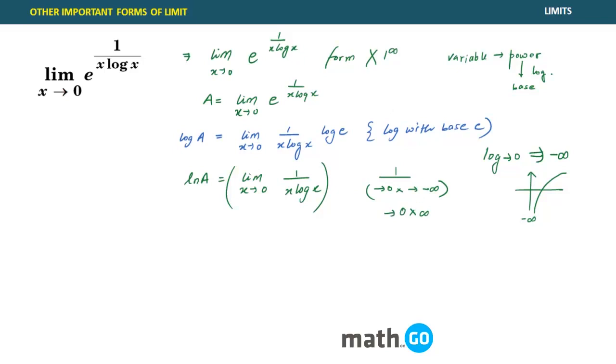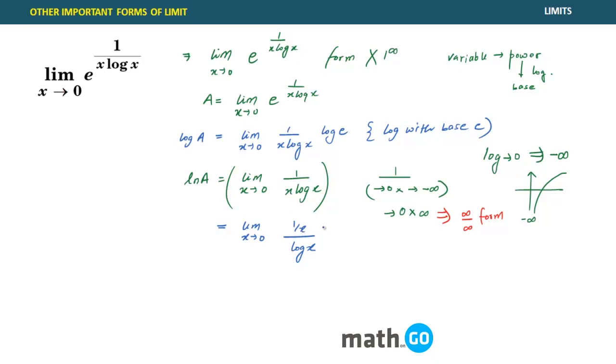If you want to solve this, you should remember that you should convert this to infinity by infinity form somehow or the other. That is the target. And how do we do this? Very simple. It is limit x approaching 0. I write this as, since both of them are same, that's not a problem, I just wrote 1 by x in the numerator.